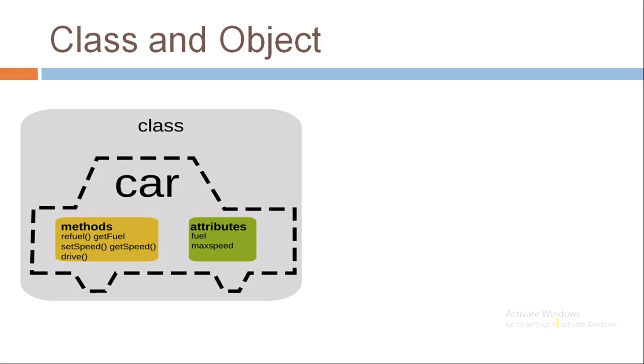See here, Car is a class. It has methods and attributes. The methods are refuel, get fuel, set speed, get speed and drive. These are the behaviors of car. And the attributes are fuel and maximum speed, max speed. These two are the attributes of class Car.